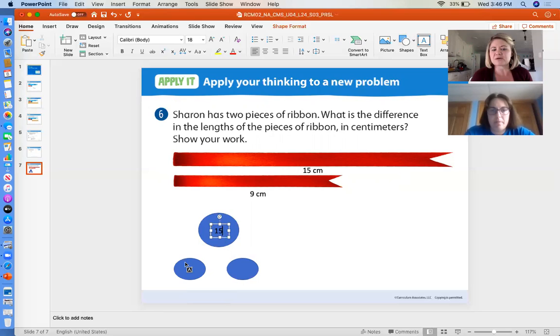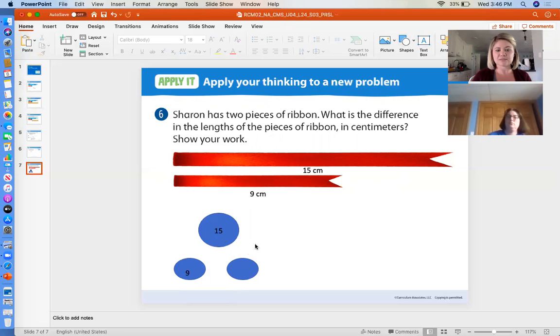And then the other piece that we know is this red ribbon right here. So how long is that red ribbon? 9. So now I know that I would have a minus here and a minus here and a plus in between my circles, right?